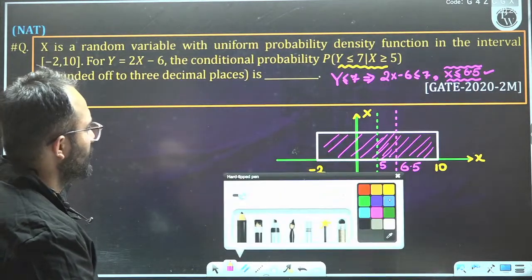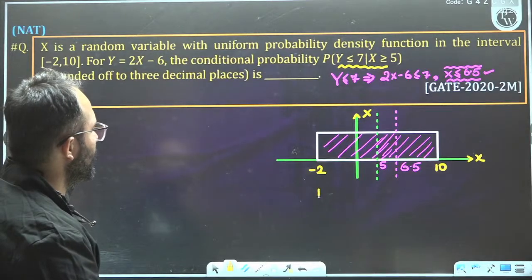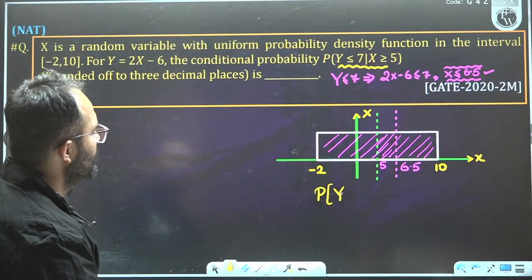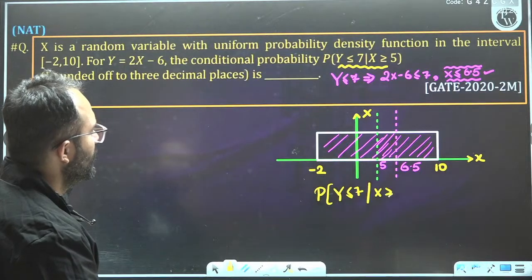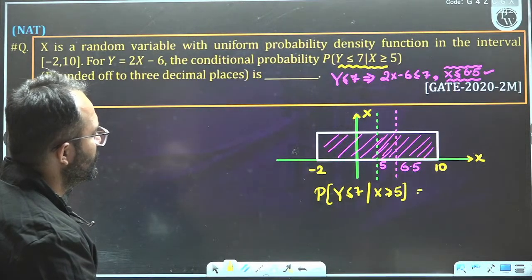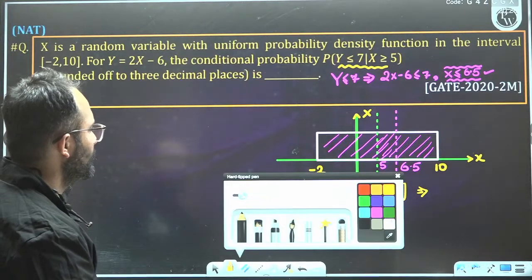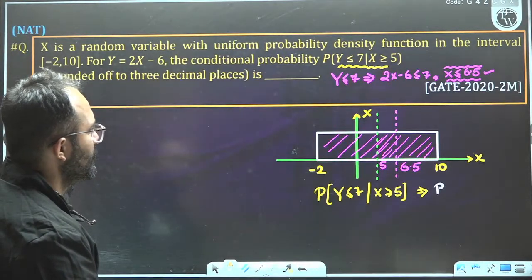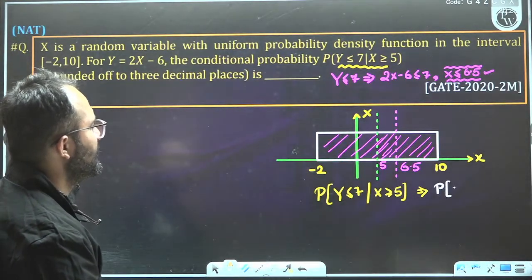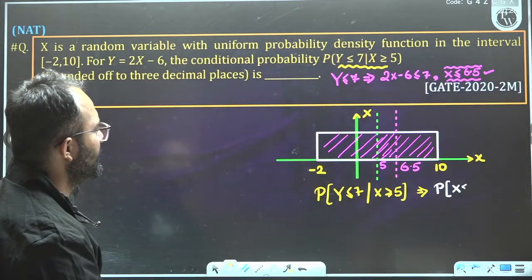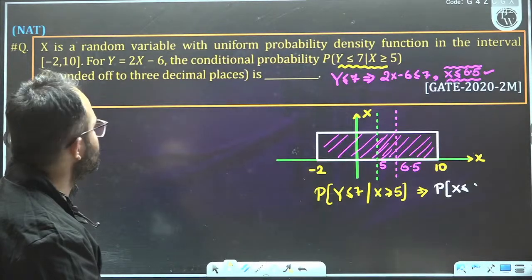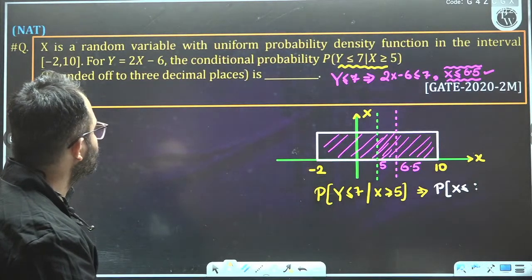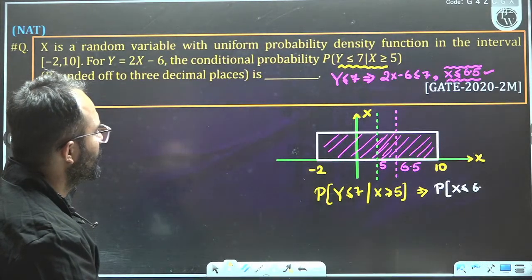Okay, now we can see that what is this probability? Probability y less than or equal to 7, given x greater than or equal to 5. That is, we can say y less than 7 can be written as x less than 6.5.